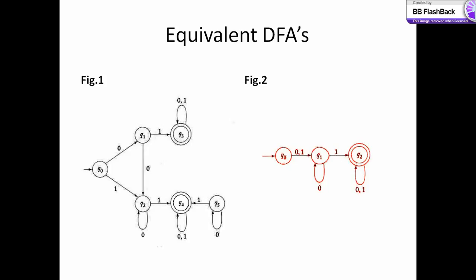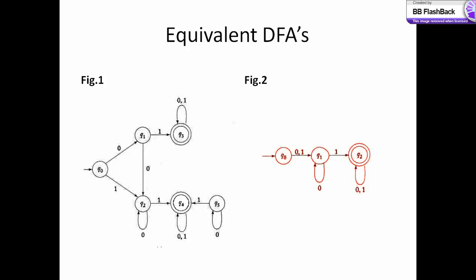Now in figure 1, if we see, there are certain states which are redundant and certain states which are not useful or not accessible from the initial state. For example, states Q3 and Q4 are both marked as final states and they are redundant also.